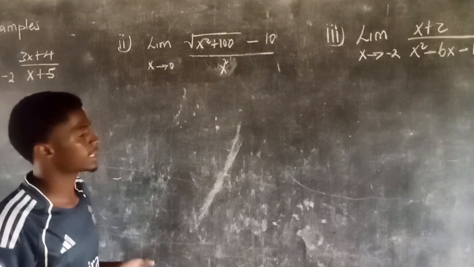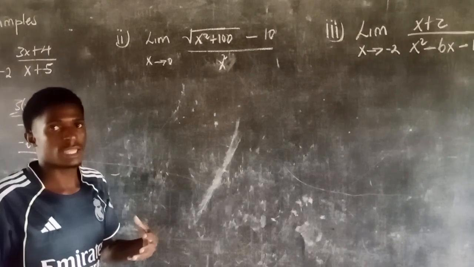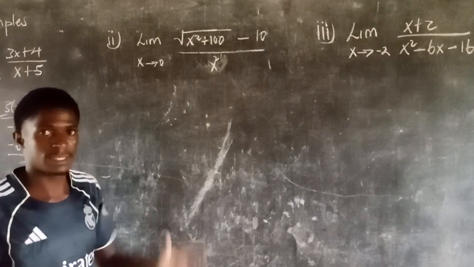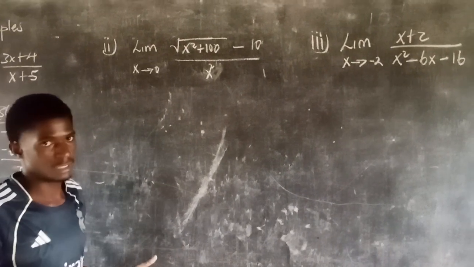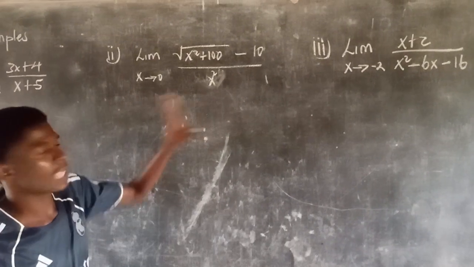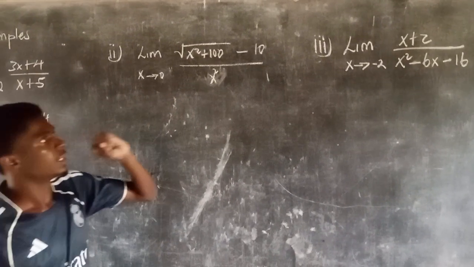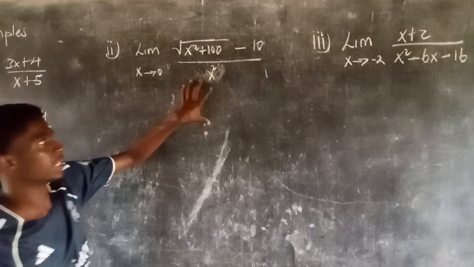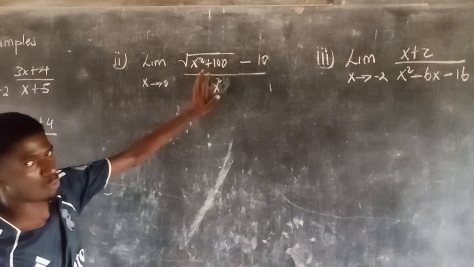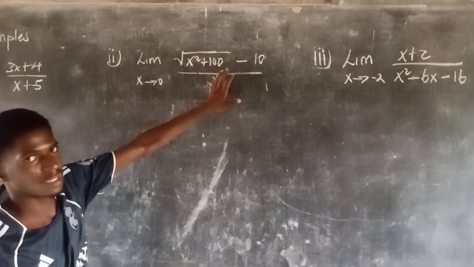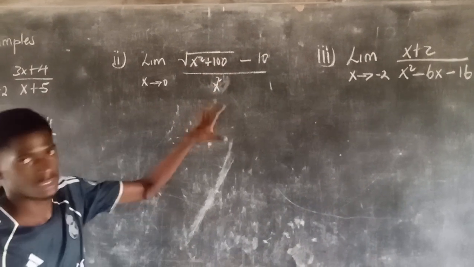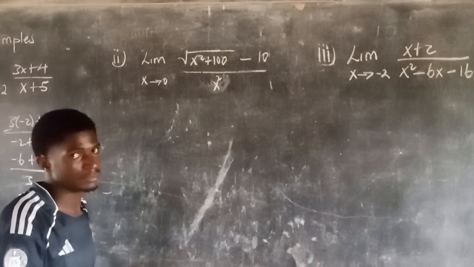So in that case, you need to find a way to evaluate the function, meaning you manipulate the function before solving it. So how do you manipulate this type of limit? You check the function. You can see that in the function you have a radical, the root of something, meaning you have to think of rationalizing the function before you do direct substitution.